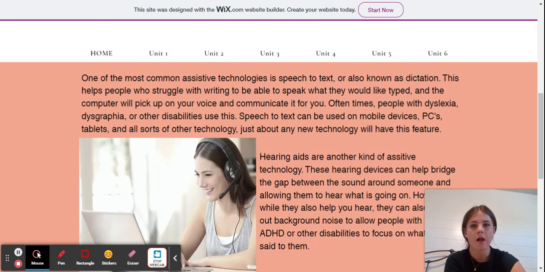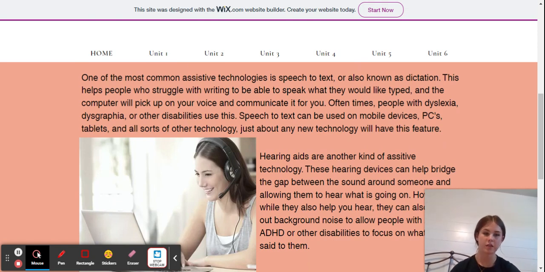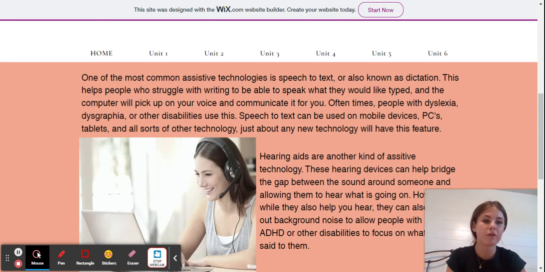Okay, so I want to talk about text to speech. Text to speech is also known as dictation. This helps people who struggle with writing to be able to speak what they would like to be typed. So, if you were missing a hand, if you struggle with typing, if you struggle with spelling, if you have dyslexia, dysgraphia, lots of things like that.